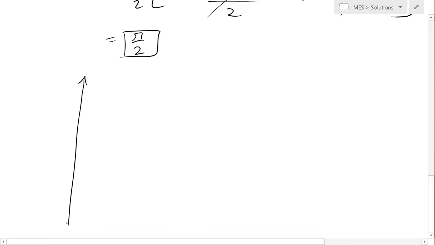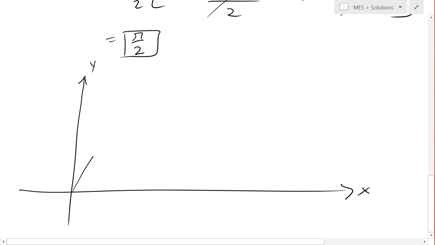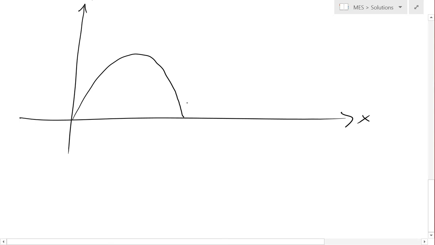If we look at graphically what this means, draw this out with x and y axes. Sine squared is going to look like a sine curve, but because it's sine squared, it's always positive, so it goes back up like that, with the same height.